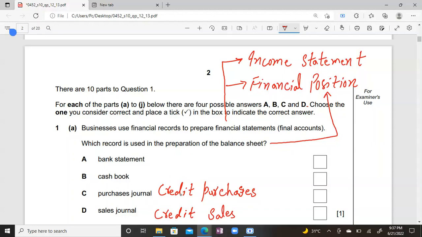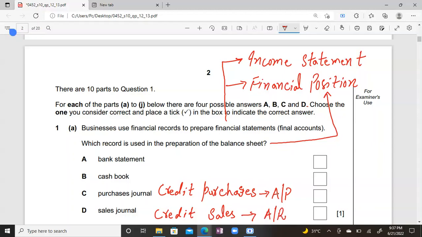So credit purchases go to the income statement, and credit sales also go to the income statement. And if we look at the other effect of the credit purchases, they create, I am just writing A/P, accounts payable, also called creditors, and credit sales record accounts receivable.